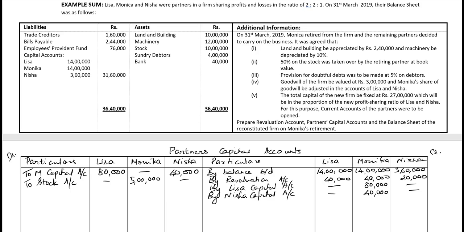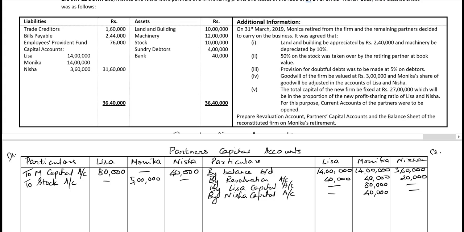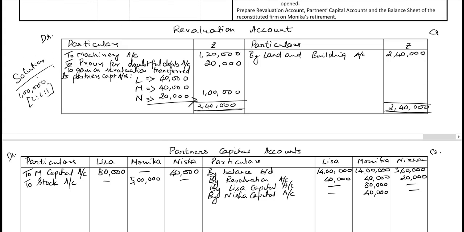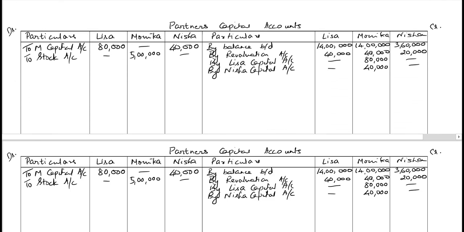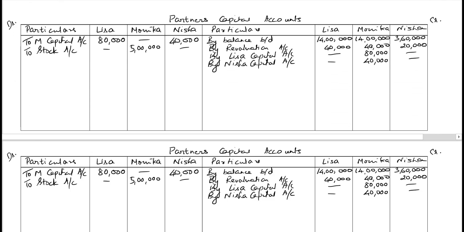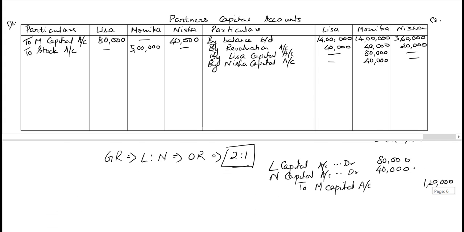All the entries are done. As per point 5, we need to adjust the capital. So we'll keep the partners' capital accounts on the first half of the screen and the working notes on the bottom half of the screen.